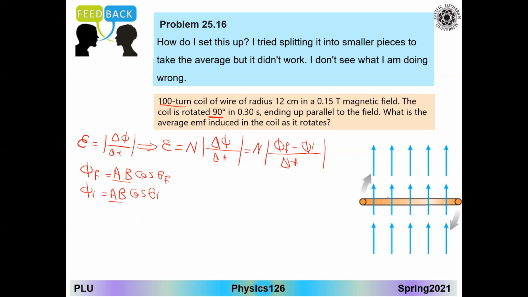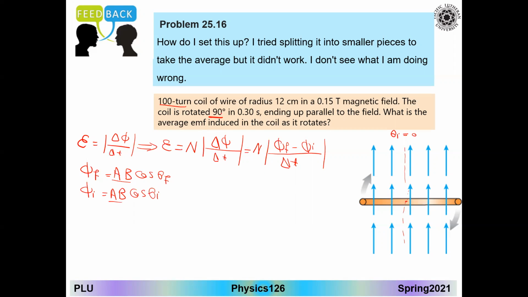Theta, as a quick reminder, is the angle between the central axis of the wire and the magnetic field. In this case, this is the central axis, and the magnetic field, so theta i will be 0.